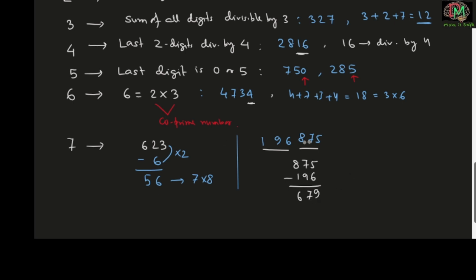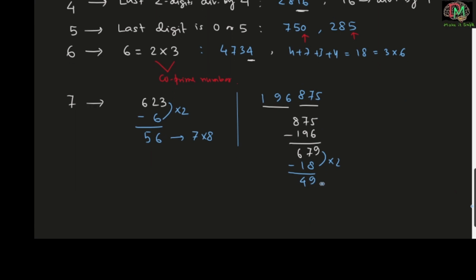Now you apply the first rule. What is the first rule? You have to multiply the unit digit by 2 and deduct it. 67 minus 18 is 49, which is a multiple of 7. So you can say that 196875, this large number, is divisible by 7 by applying these 2 methods.